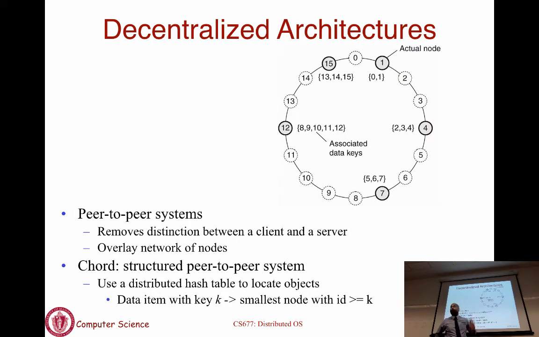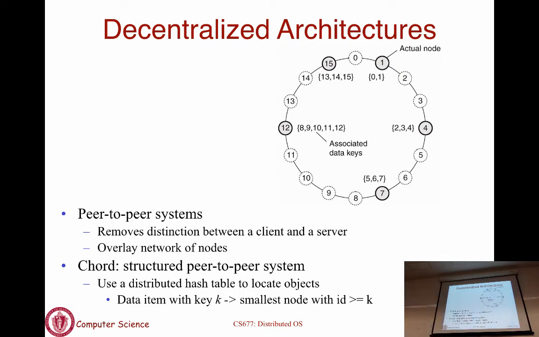When a node, which is a machine, joins, it has to pick an ID for itself from 0 to 15 that has not been chosen before, and you will join the network at that point. So here a node has joined as ID 7. That's the node ID. All the dark circles are actual machines. So that's node 12, there's node 15, node 4, and so on.